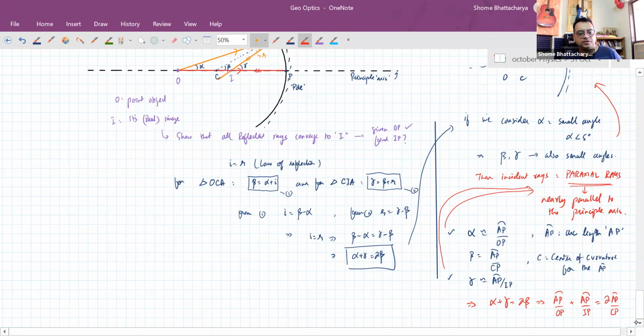So we get a relationship between object distance, image distance, and radius of curvature.